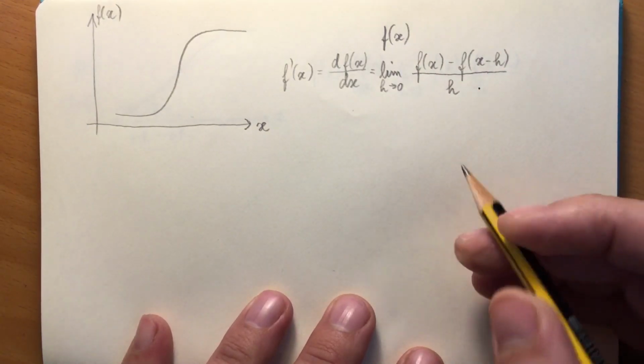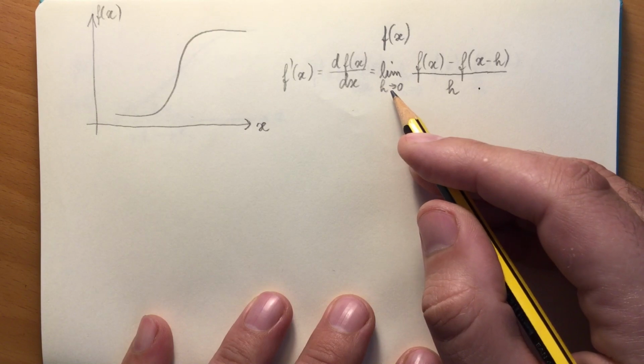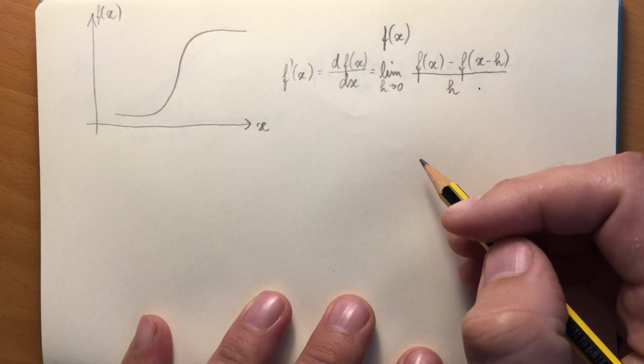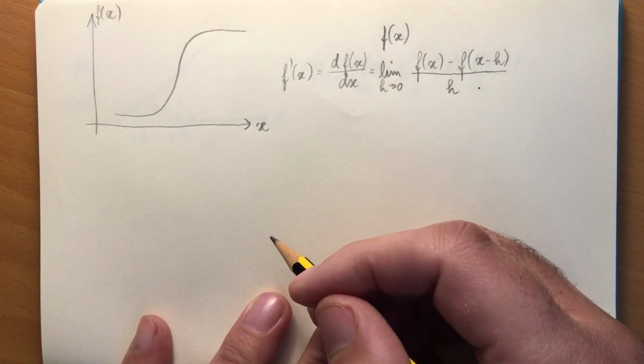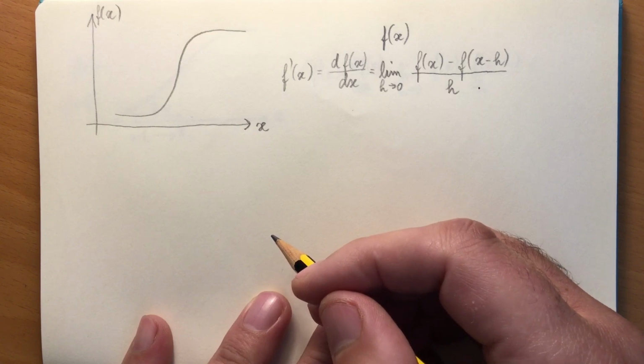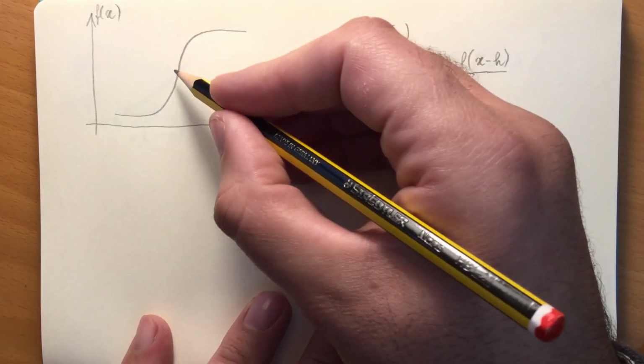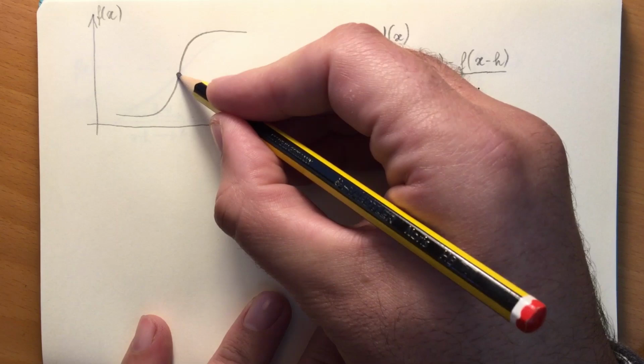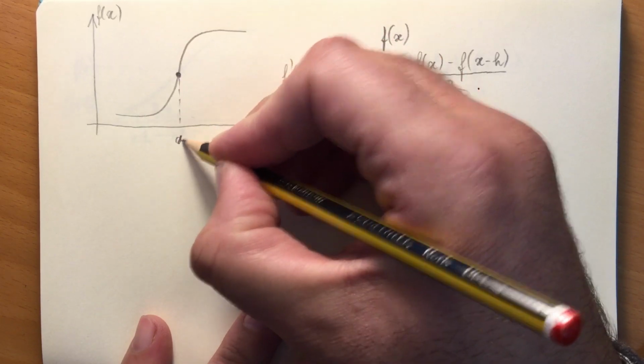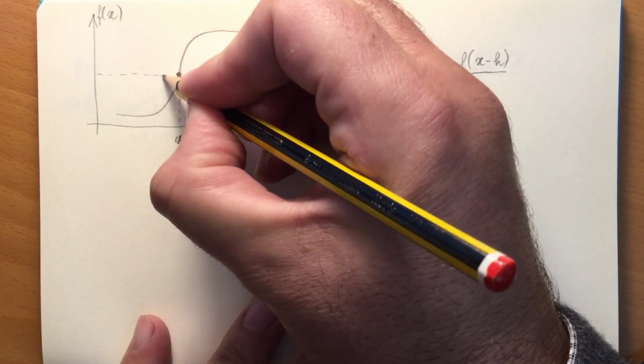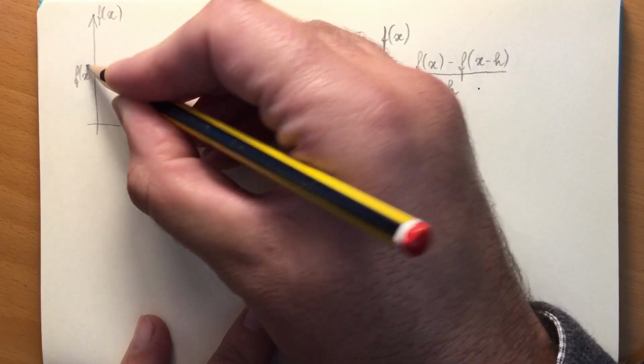As you also know, if we restrict h to positive values, we will be in the situation that I'm going to depict. Let the point at which I want to know the derivative be this x here. This is f of x.